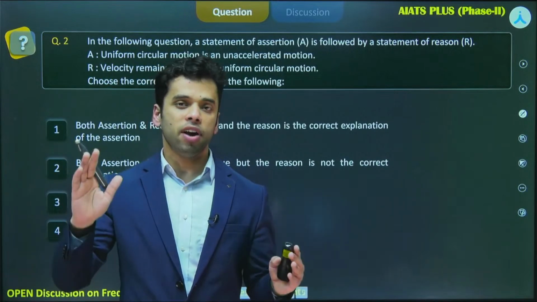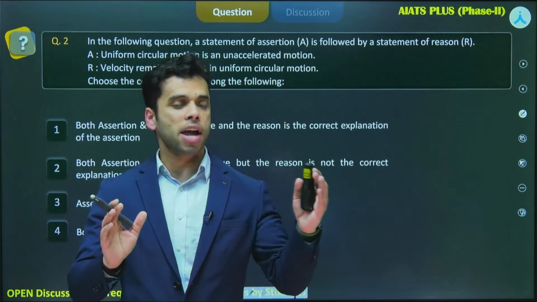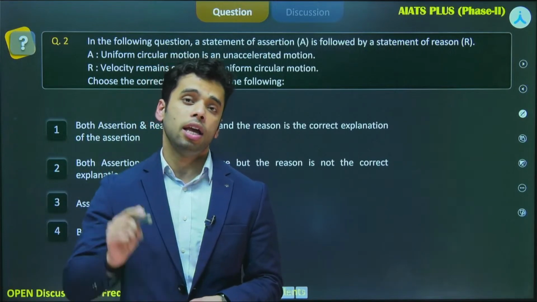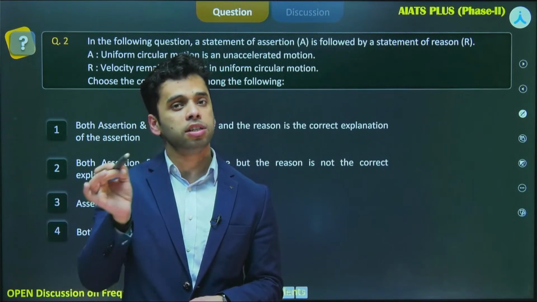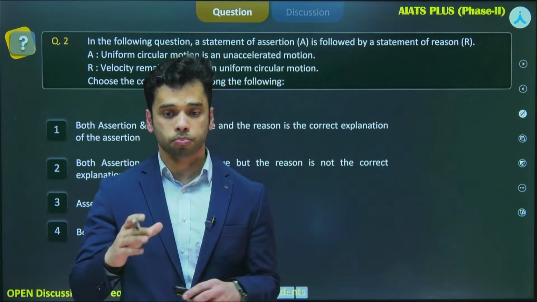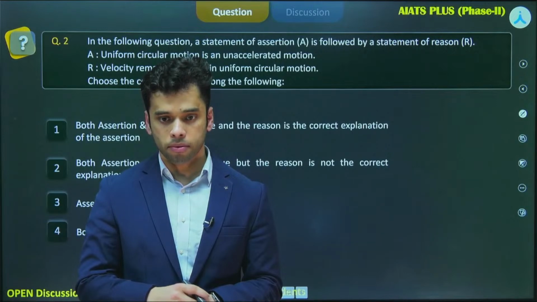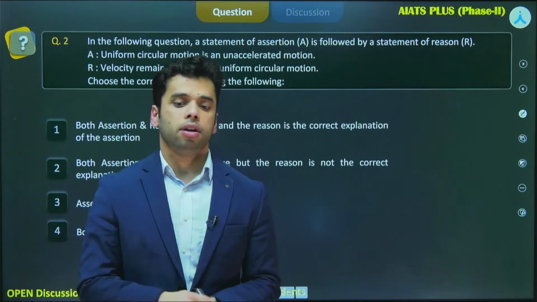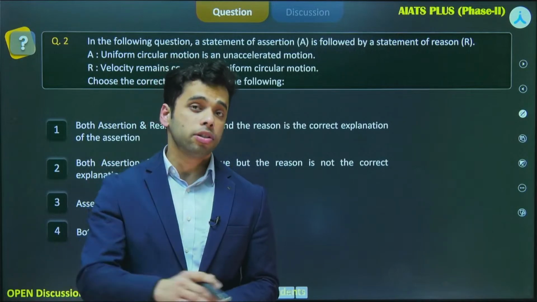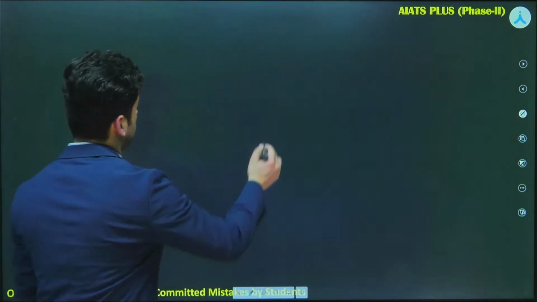Now, if I keep the magnitude fixed, but I keep on changing the direction of the velocity, in that case acceleration will still be there. Why? Because the direction is changing. So the direction is continuously changing.